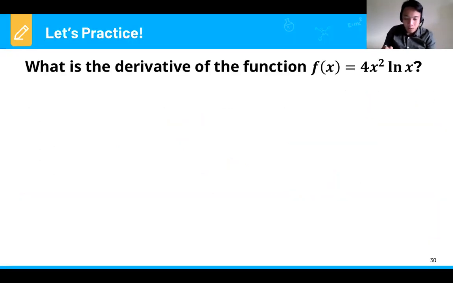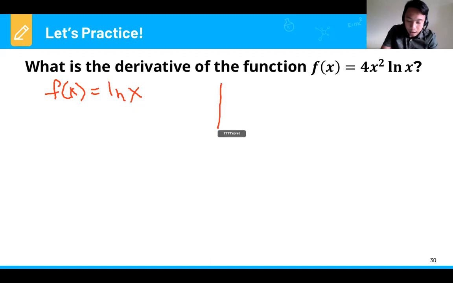Okay, so we have here, what is the derivative of the function f of x equals 4x squared ln x? So this one, is this natural or general? You need to know first. Our natural is in the form of ln x, right?